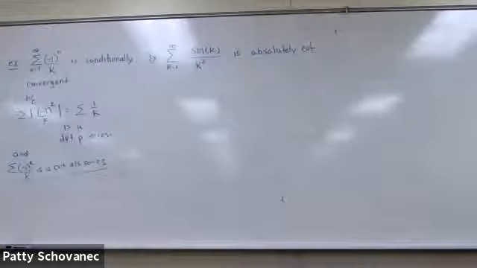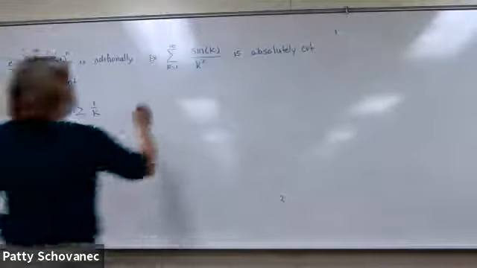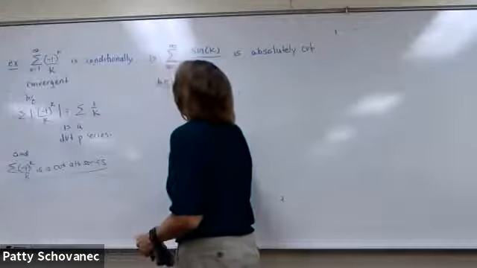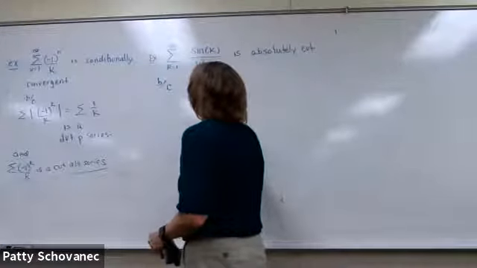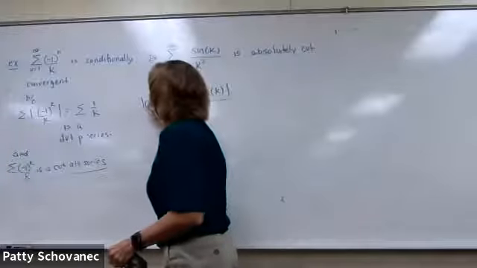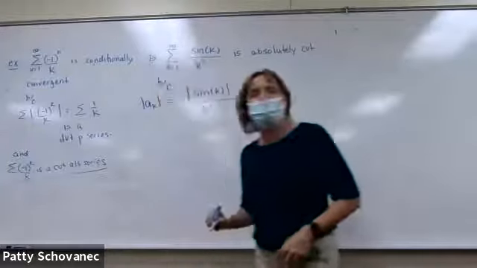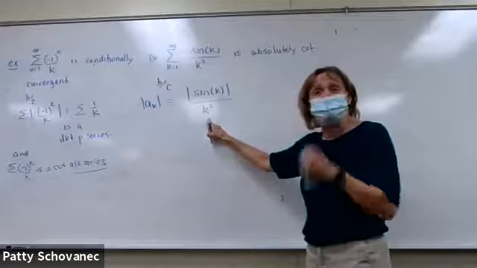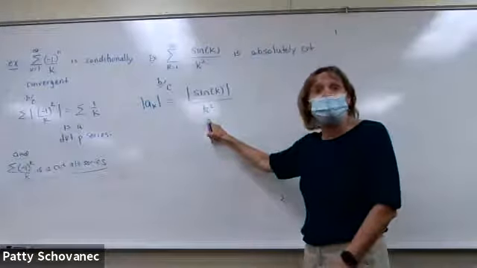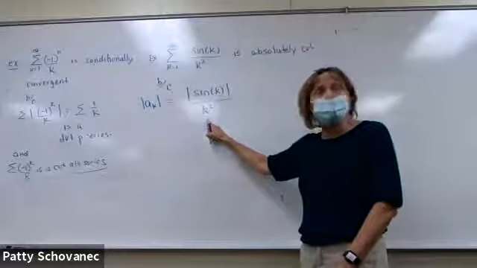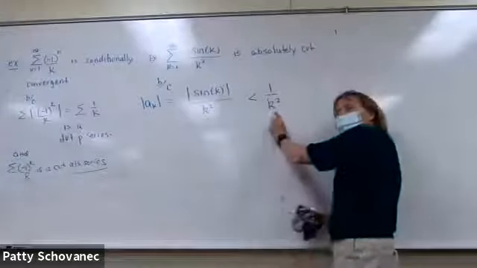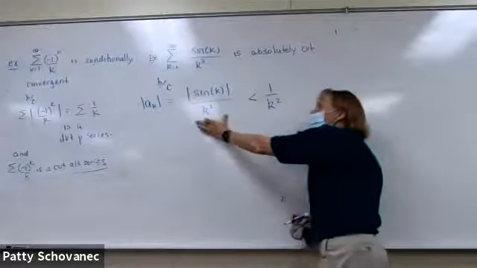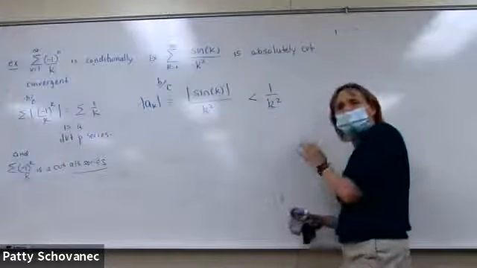But I showed you earlier with a comparison test that when I put that in absolute value, we only need the absolute value on top because k squared is already positive, I can compare it to 1 over k squared, where 1 over k squared is a convergent P series, and smaller than convergent is convergent.